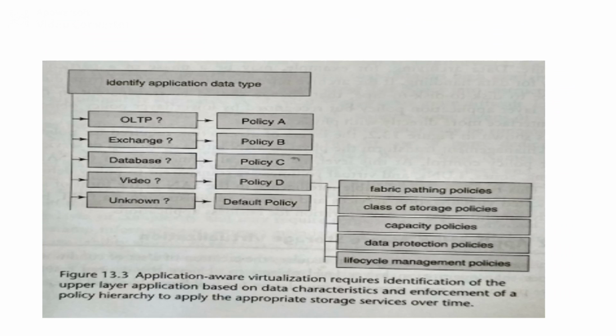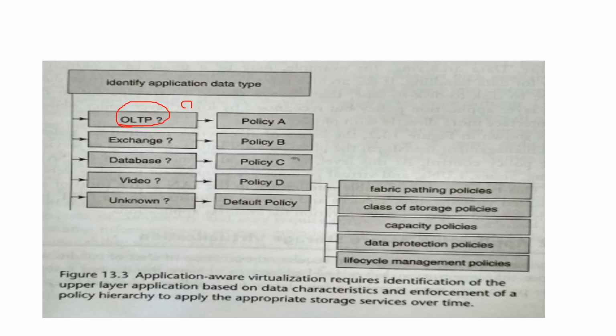So here we can observe that application-aware virtualization requires identification of the upper layer application based on data characteristics and enforcement of a policy hierarchy to apply the appropriate storage service over time. So here, the first thing is to identify the application data type.